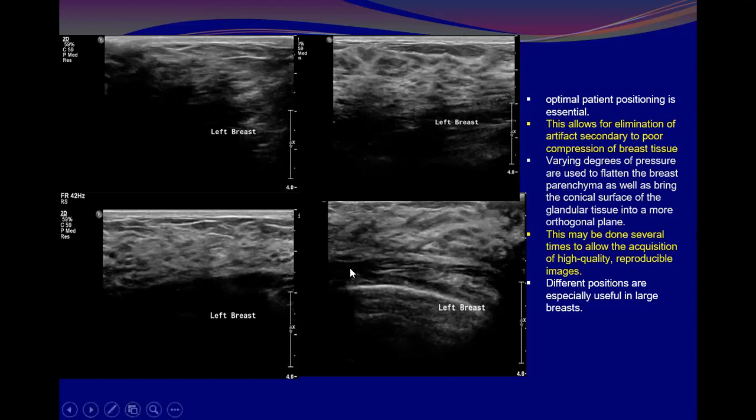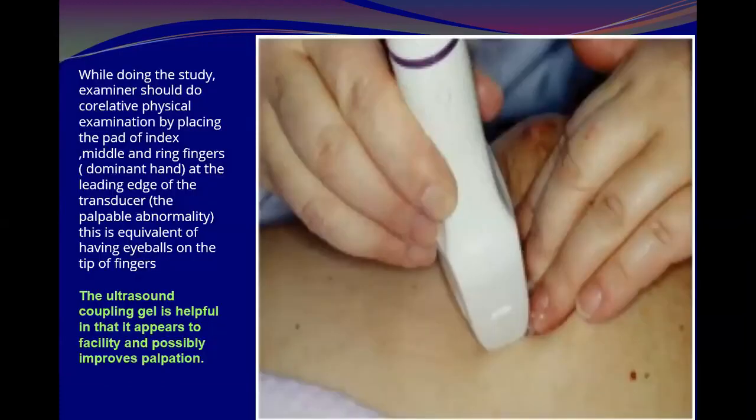So you can see the whole breast well from the skin to the back of the chest. And you might need to change the position of the patient many times during scanning. Remember that.